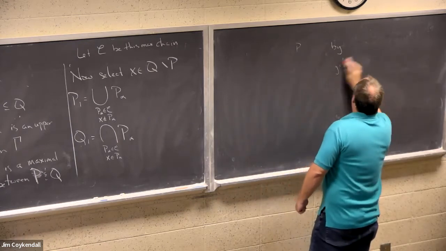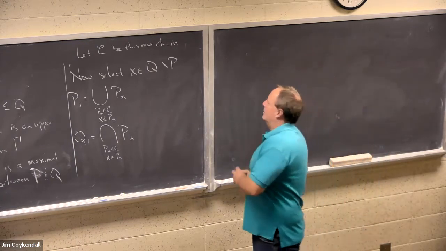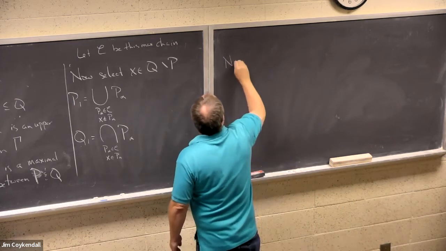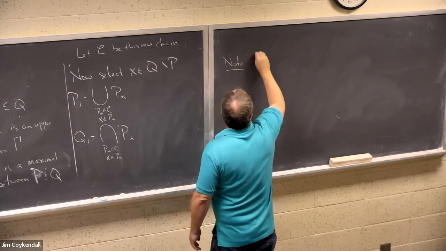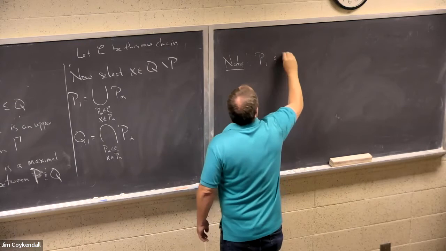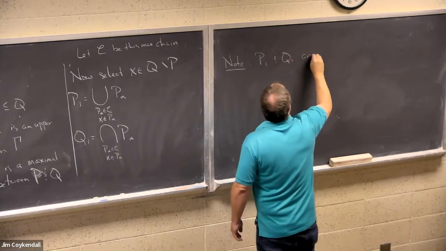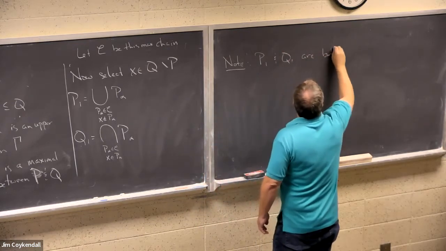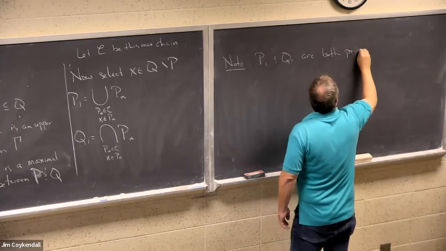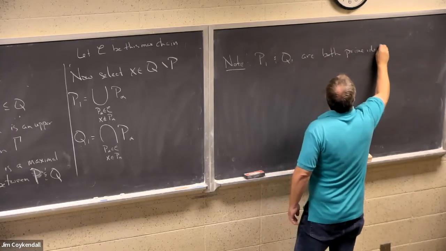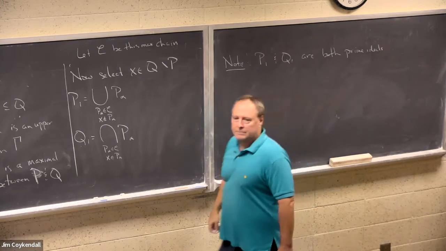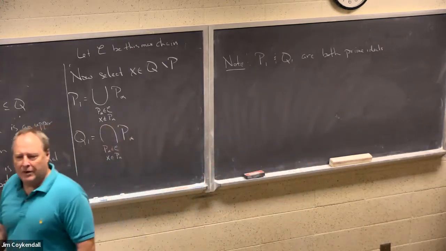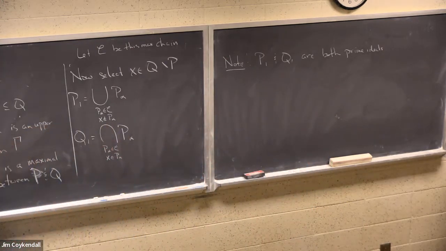Notice that by a previous result, P1 and Q1 are both prime ideals. Right? Because that previous result said, if you union a chain of primes, you get a prime, and if you intersect a chain of primes, you get a prime.